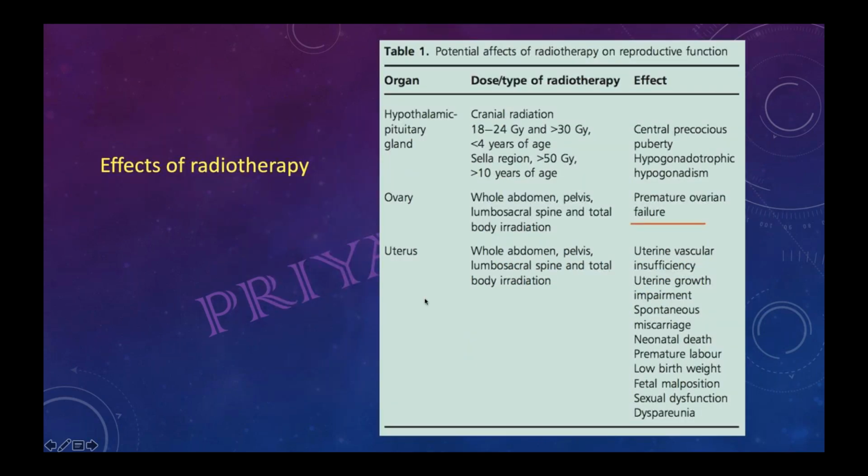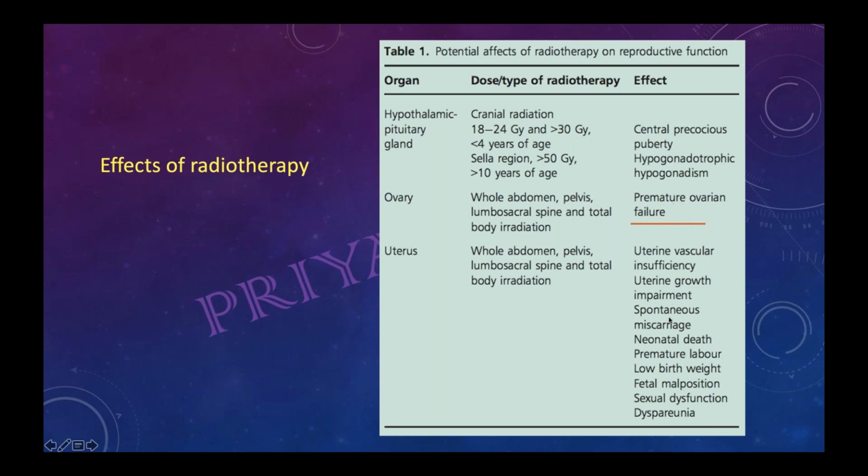Now, the effect of radiotherapy. It will affect in many ways. Centrally there will be hypogonadotropic hypogonadism, or at the level of the ovary there will be premature ovarian failure.